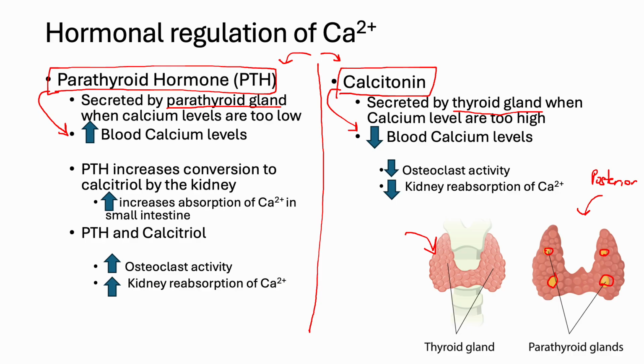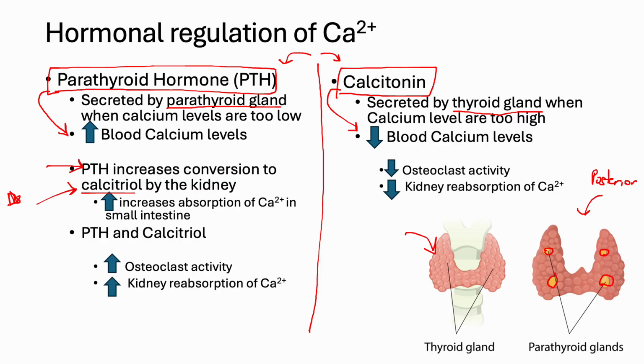Now let's dig into how these hormones carry out that regulation of calcium. We'll start with the parathyroid hormone, okay? We already talked about what calcitriol does. Remember, this is the active form of vitamin D3, right? Parathyroid hormone increases the conversion of the inactive form to the active form, calcitriol, in the kidneys.